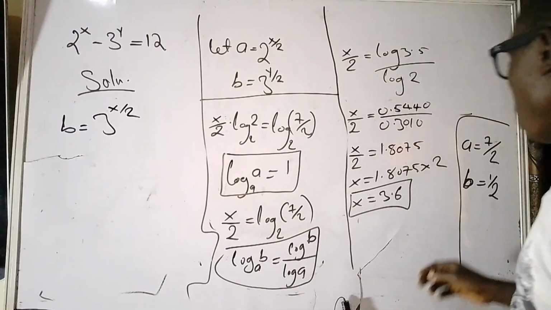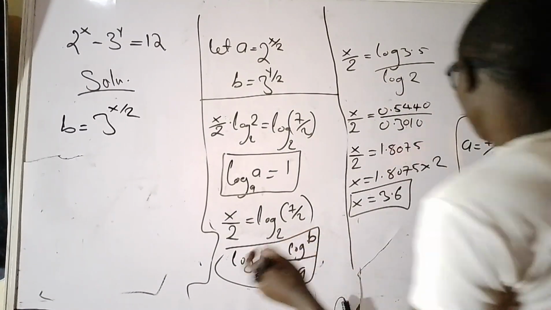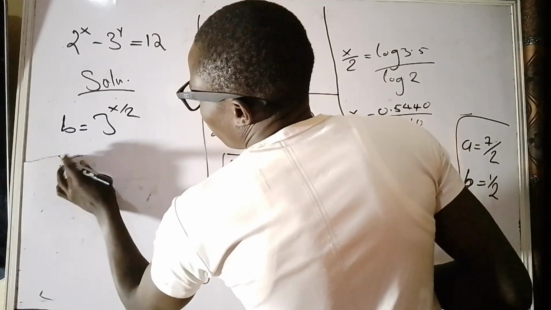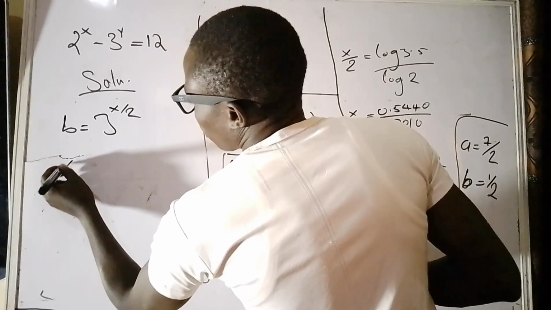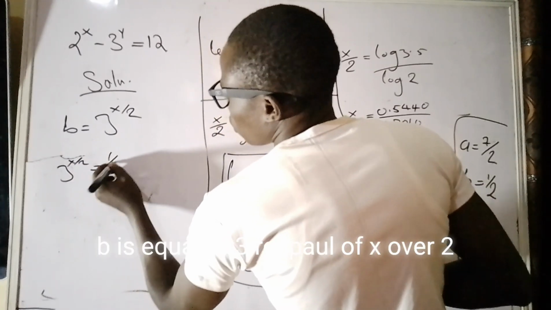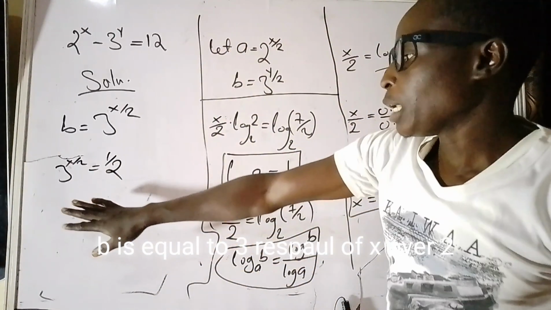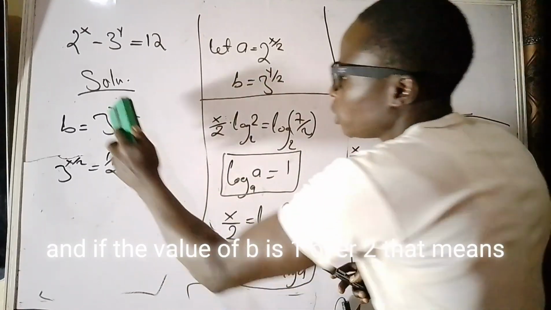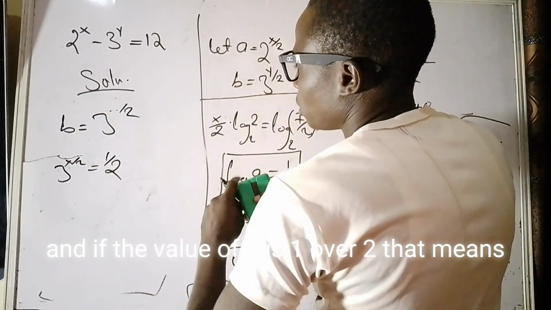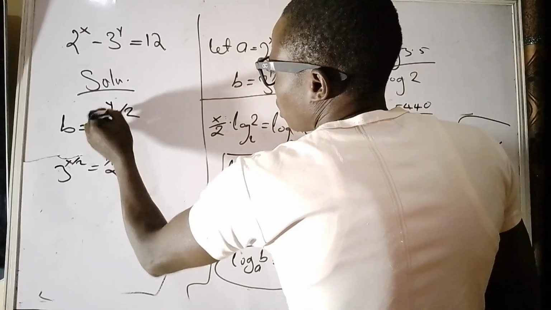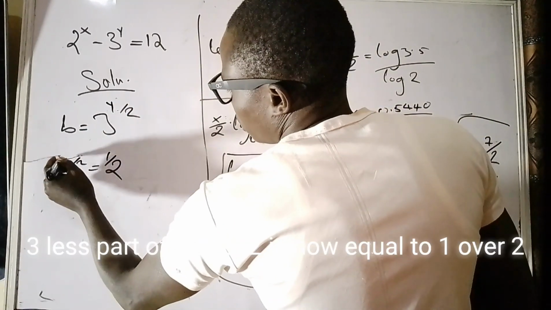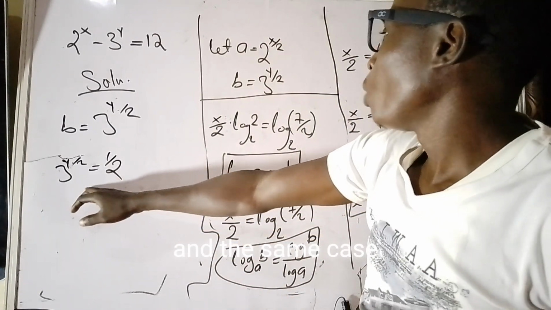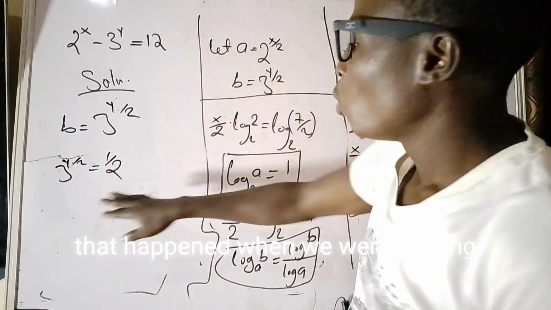And if the value of b is 1 over 2, that means 3 raised to the power of y over 2 is now equals to 1 over 2. This is y.